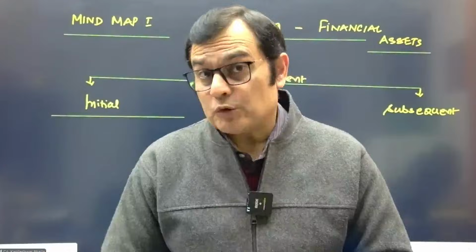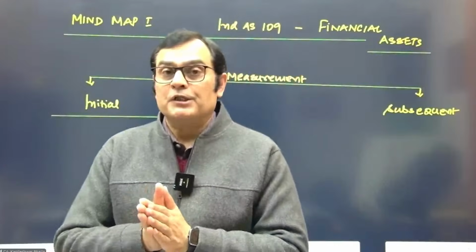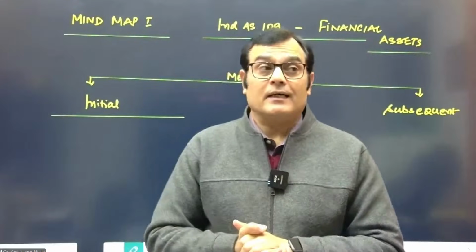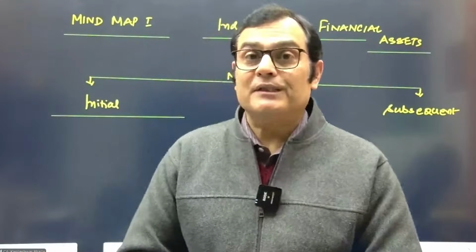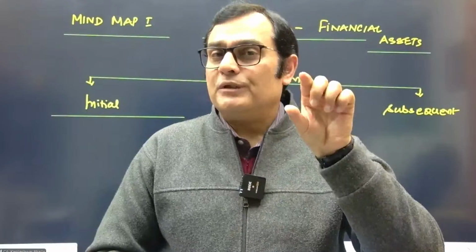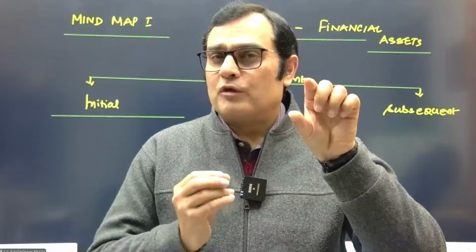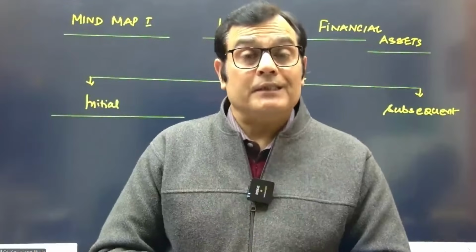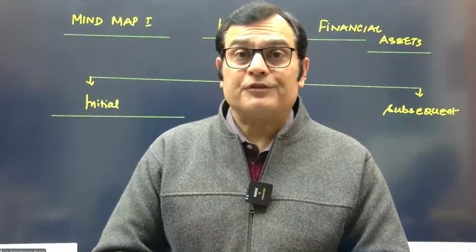Now, since we are doing a revision at the moment, things which were discussed a little later in the regular sessions, I think we can definitely add on the inputs at this stage itself. So I would say when you do the initial measurement, there are two focus points which should go at the back of your mind. Number one, the initial measurement is done at fair value.